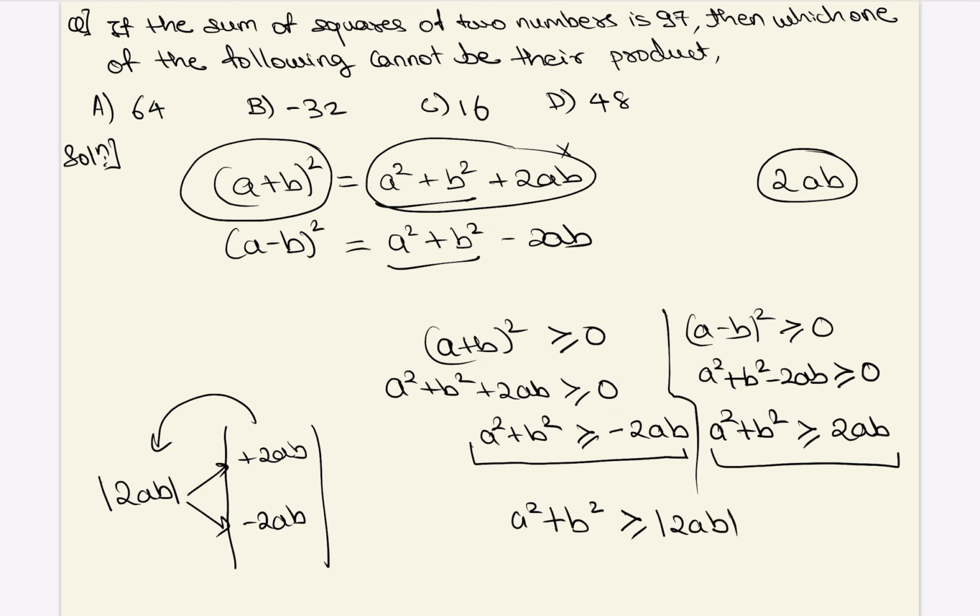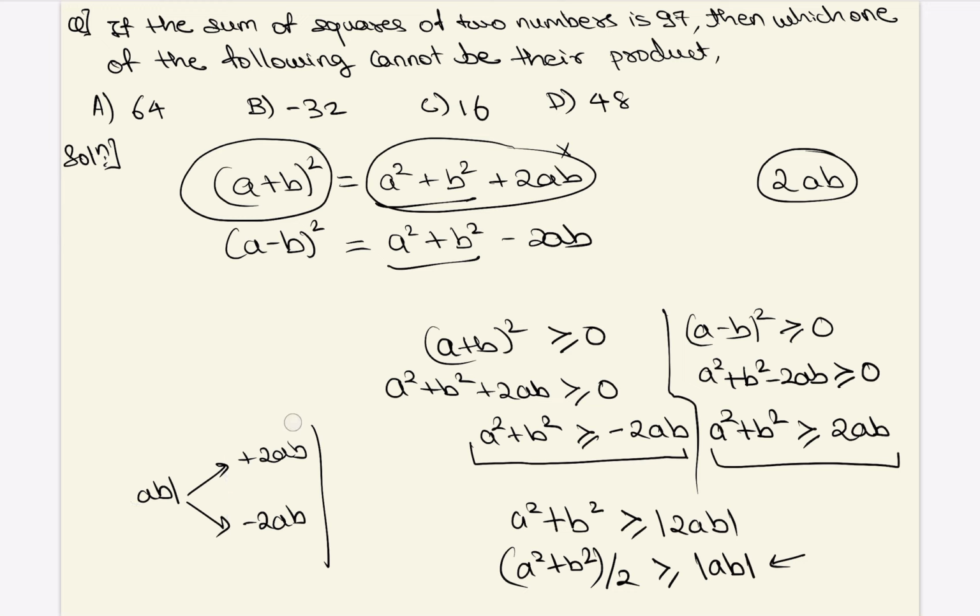Since 2 is positive, I can take it outside of the modulus. So a square plus b square divided by 2 has to be greater than or equal to mod of ab. Now I have something which can tell me the maximum value of mod of ab.